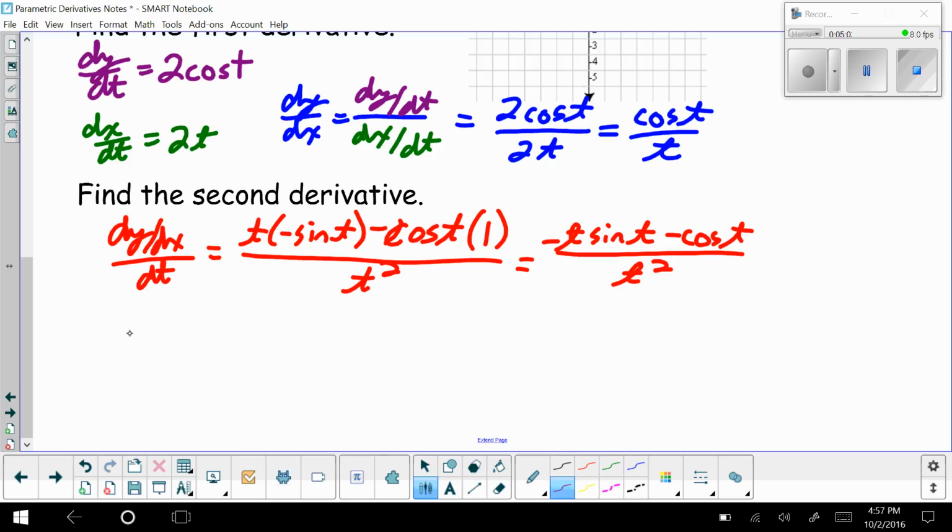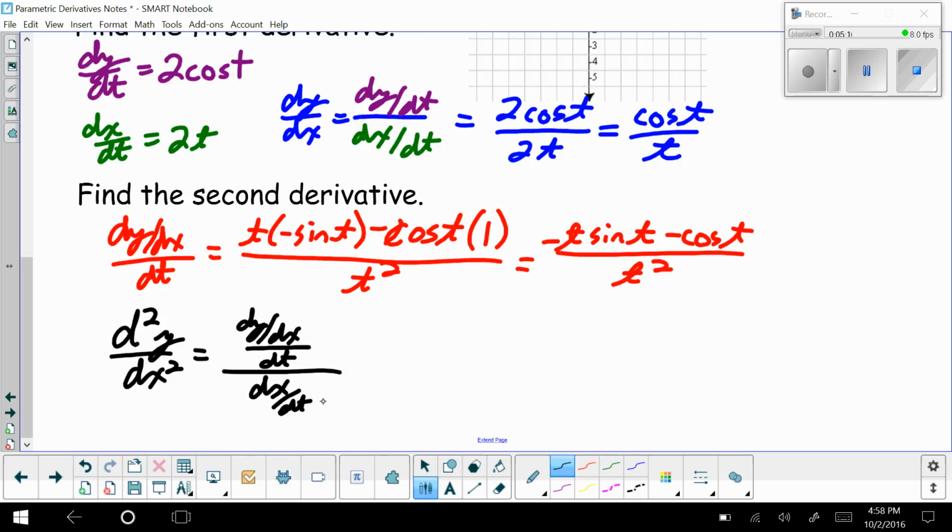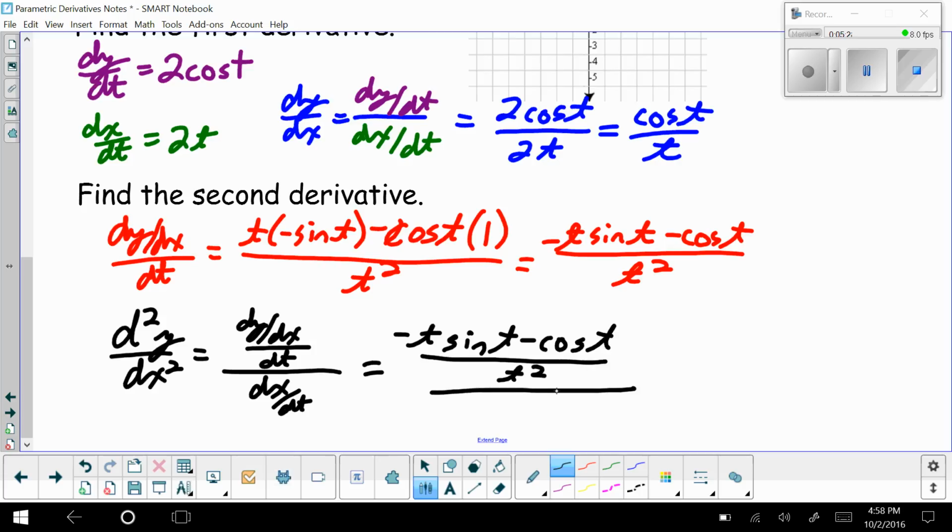So what we do to get the second derivative, d squared y over dx squared, is take that derivative of dy/dx with respect to t and divide by dx/dt. So I'm going to take negative t sine of t minus cosine of t all over t squared and divide it by the 2t that we found for the first derivative, which would give me negative t sine of t minus cosine of t all over 2 times t cubed.